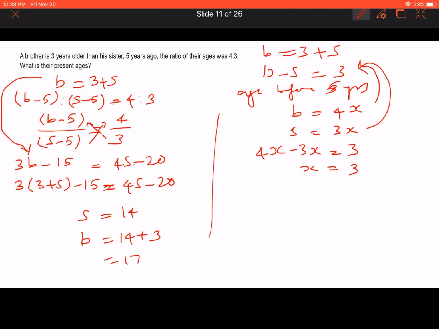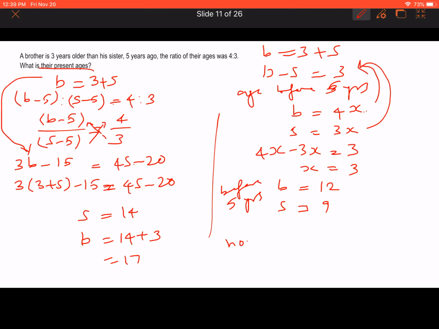But what they want is the present age, right? Okay, first we will find out the age of the brother and sister before 5 years. That is 12, and the sister's age is equal to 9, okay. This is before 5 years.